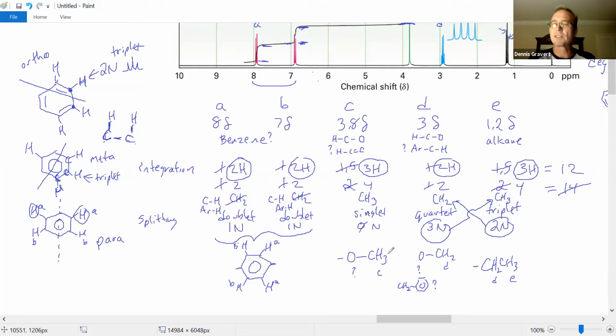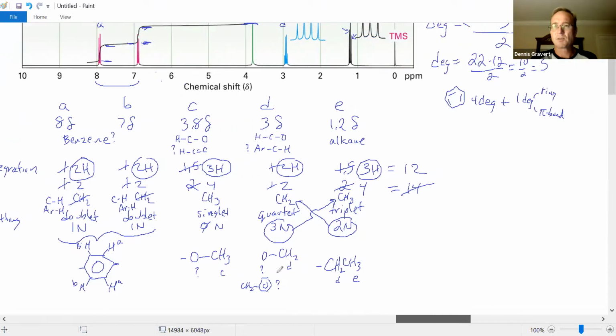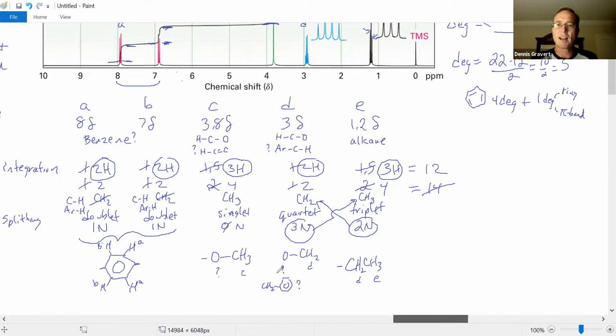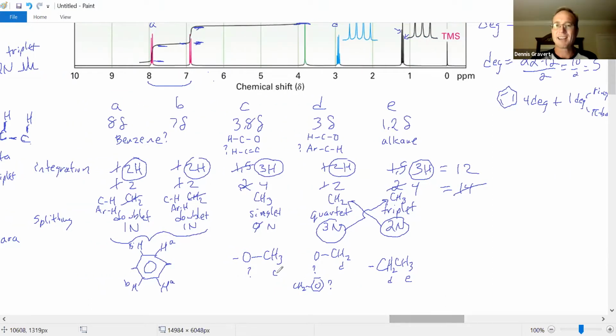How many degrees of unsaturation do I have in my puzzle pieces? I only have 4. There's supposed to be another one. So I either have to get a ring in here, or what about a double bond to that oxygen? Because I kind of need to connect things to the benzene ring.